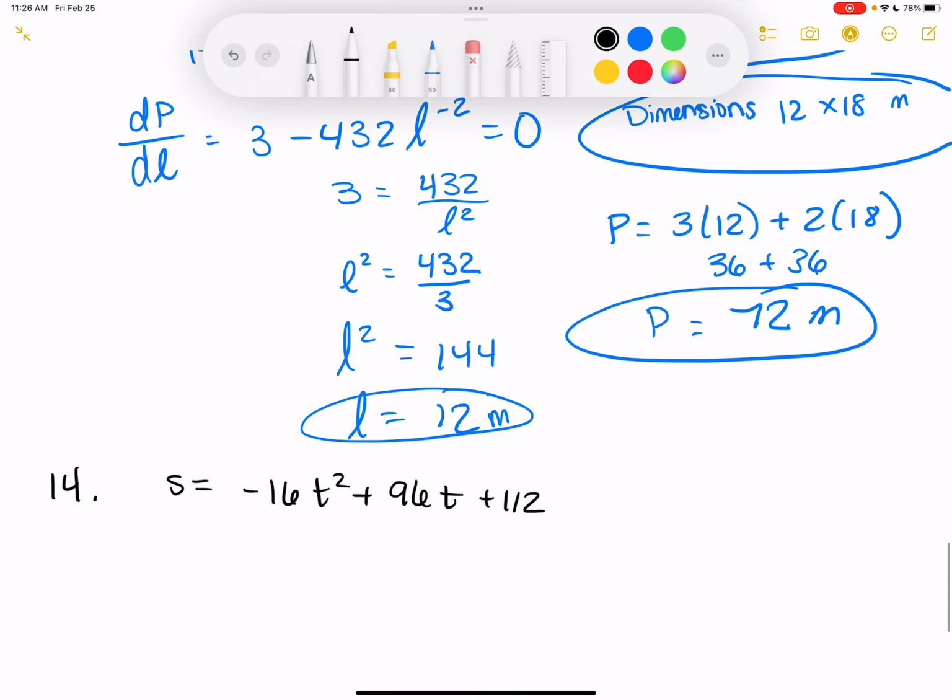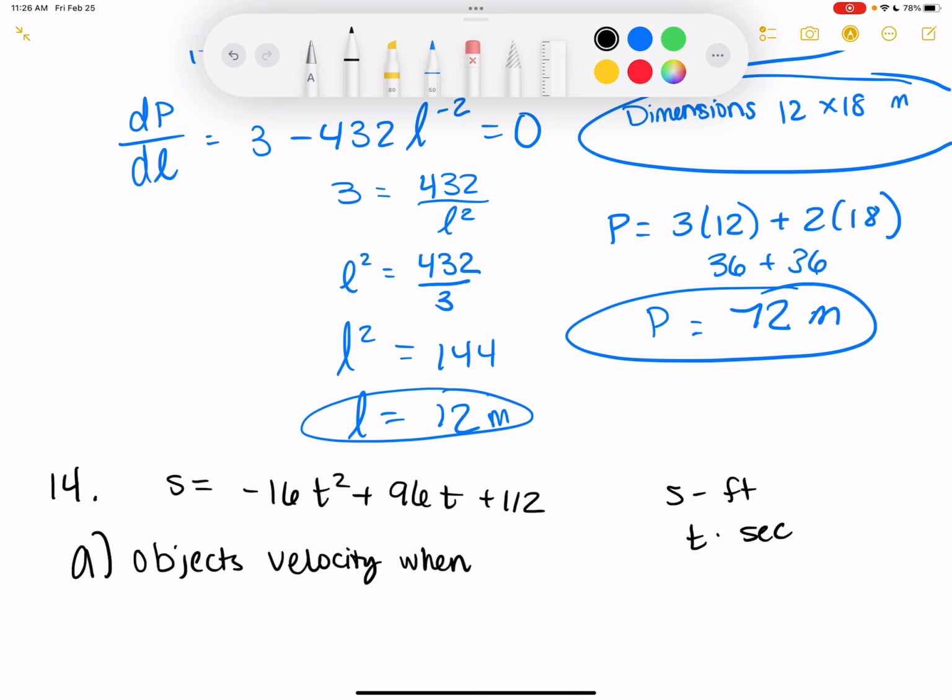Okay. S is in feet and T is in seconds, so I'm just going to put that. S is position. And then the first thing we're finding is the object's velocity when t is equal to 0.